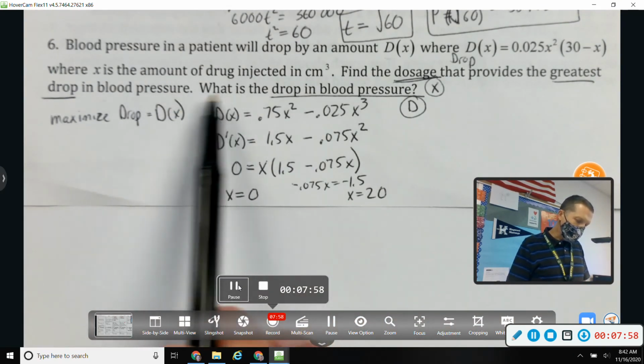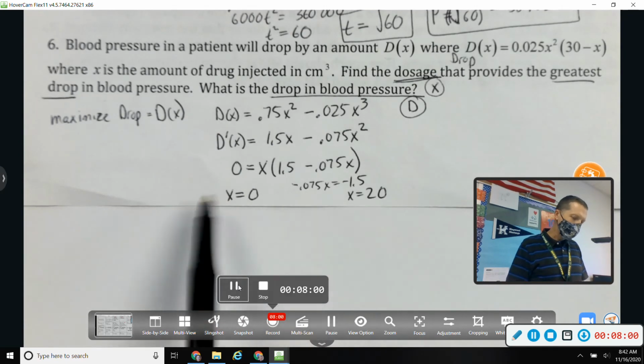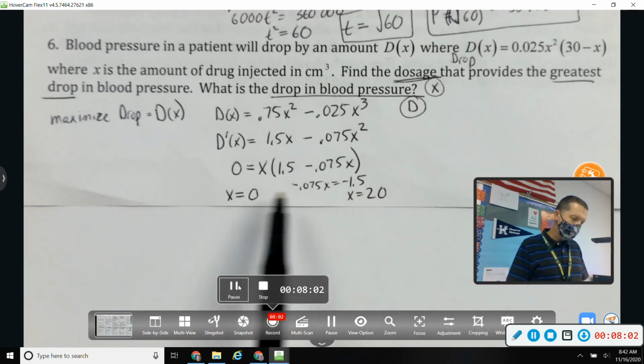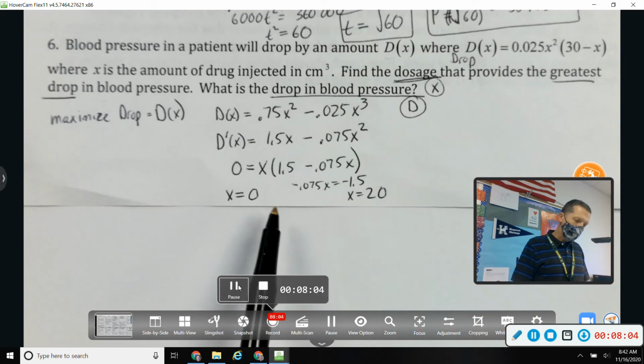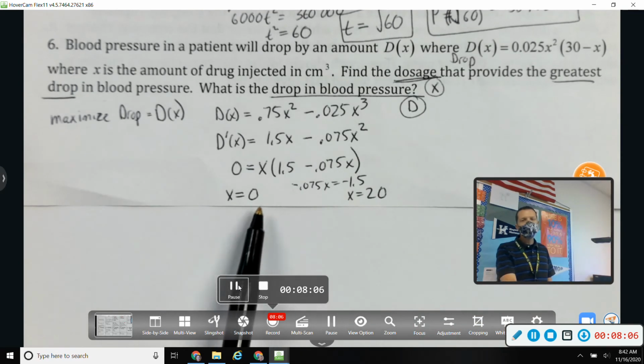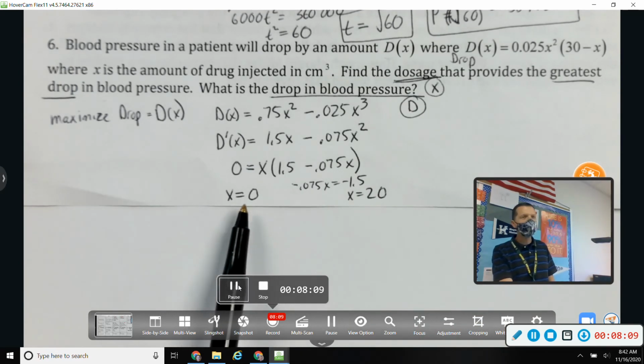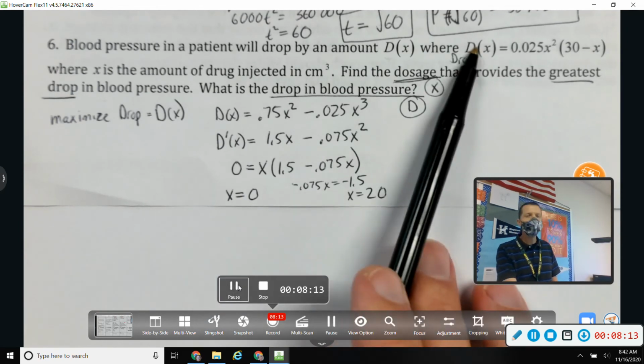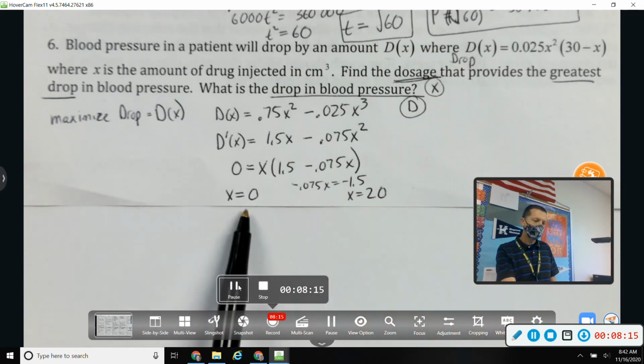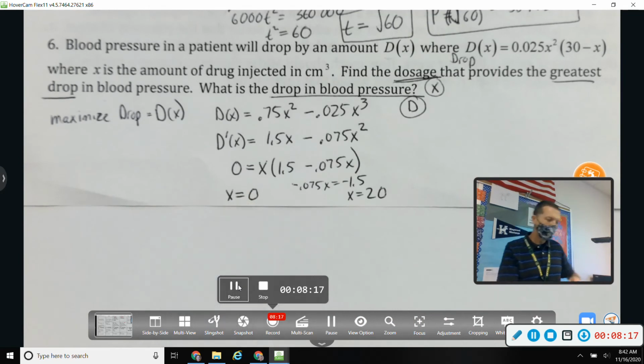And in the context of this problem, X is how much of the drug we get. D is the drop. Well, I guess I shouldn't rule out 0 yet, but I'm pretty sure if you inject 0 drug into the body, you're not going to get any effect of the drug. So I'm guessing X equals 0 is a minimum.